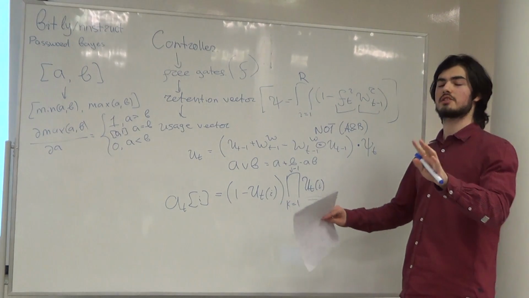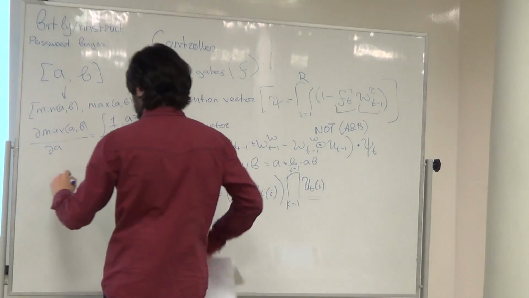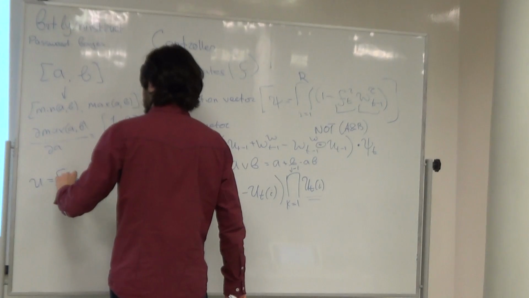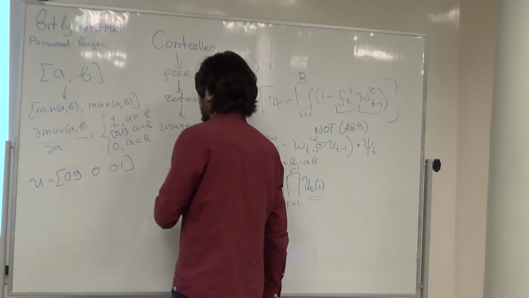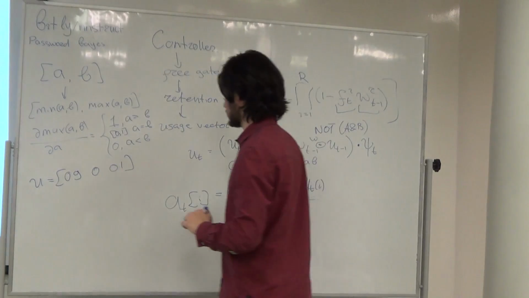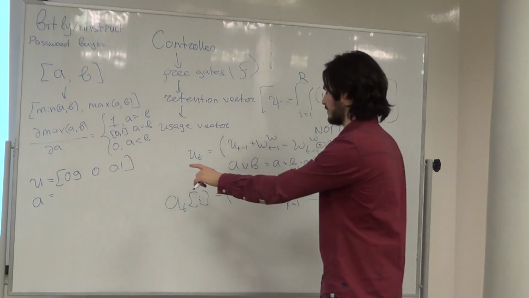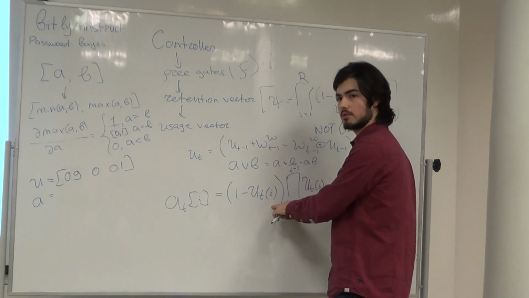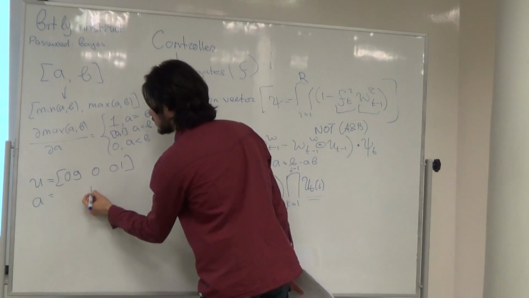So, all right, let's consider an example. So, for example, if U equals 0.9, 0, 0.1, then what will be the allocation weights? So we sort those values, and the least one will be 0. So here it would be 1 minus 0, so here would be 1.